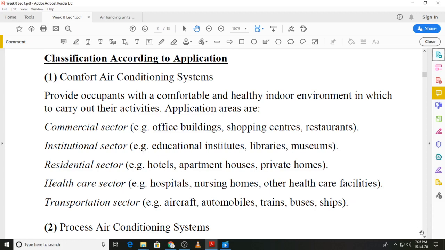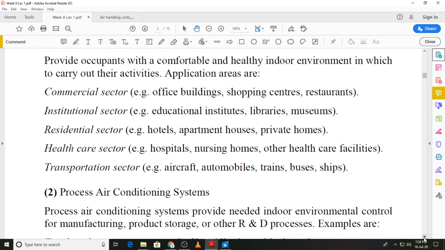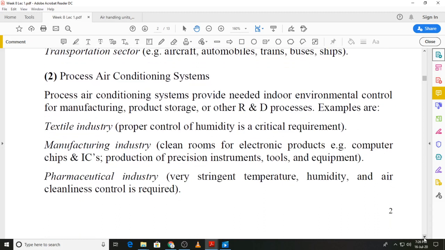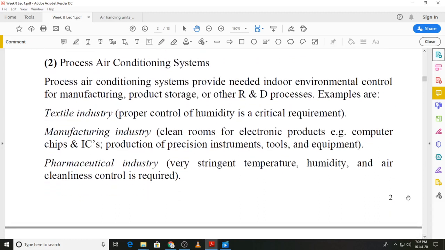Then we move on to the industrial application, that is process air conditioning, and there are several examples. I've just identified a few over here. For example, in the textile industry, when we manufacture a particular textile or a fabric, the fiber that is used for manufacturing has its properties very much dependent on the humidity and the temperature levels, and those are controlled by using some sort of an air conditioning system.